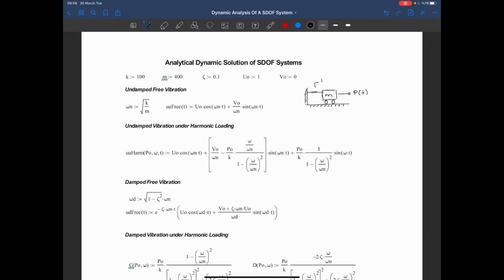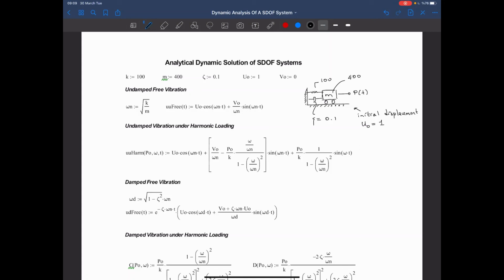Here the stiffness is equal to 100. We have a damper, and for the damped vibration cases we use a damping ratio of 10%. The mass is 400 and we give an initial displacement U0 equal to 1 and no initial velocity.